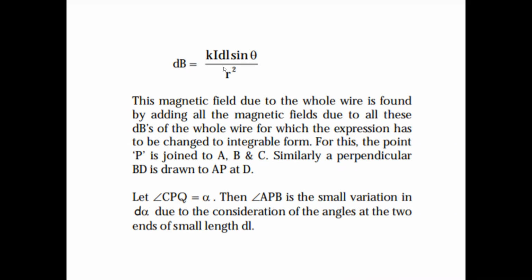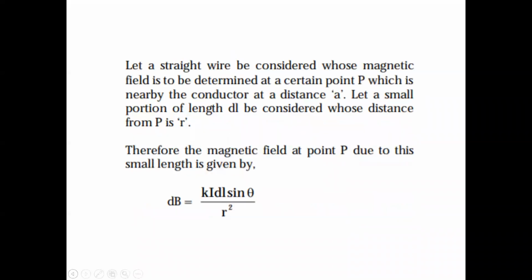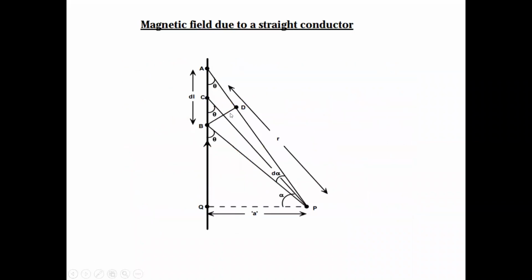To determine the total, we take the total length, and the total magnetic field is obtained simply by integration. To calculate the values of these factors, we take a perpendicular BD, which is drawn on AP.